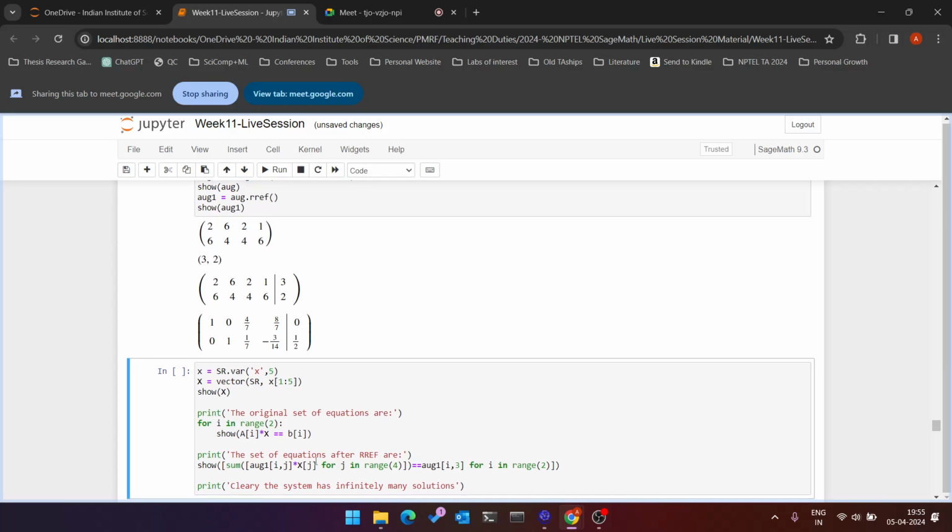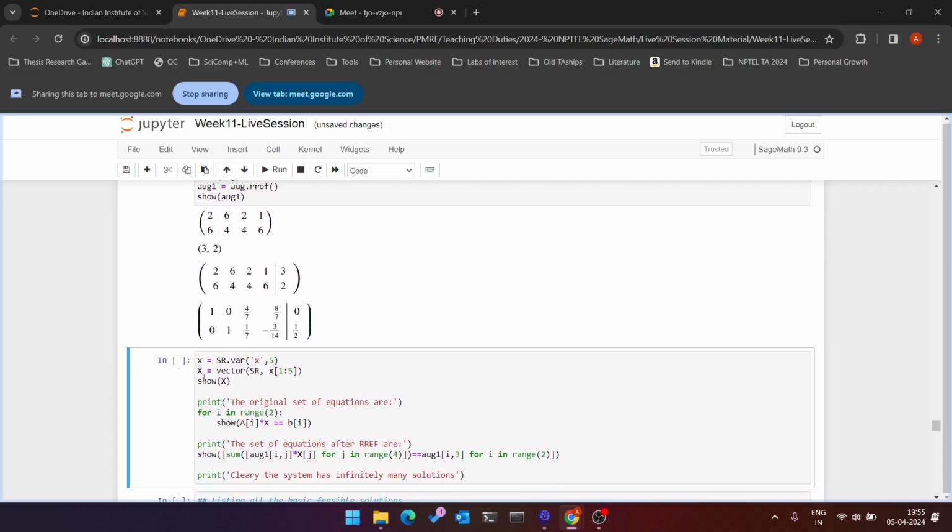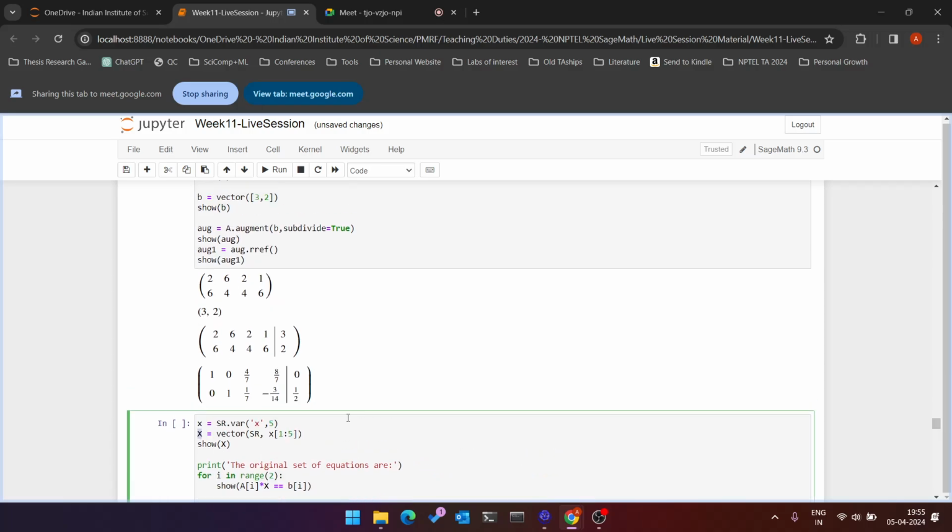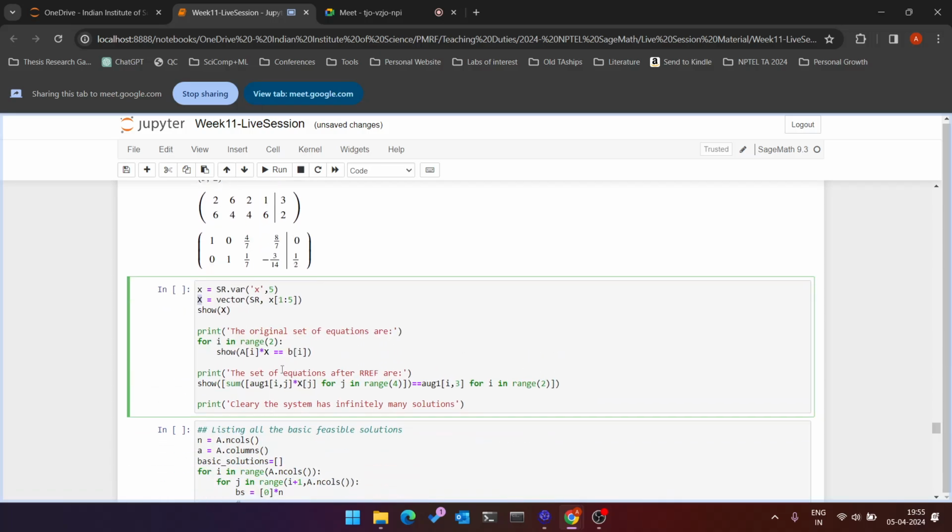Next, we obtain an array of symbolic variables x1, x2, x3, x4 in the capital X variable, and we'll be printing both our original equation Ax equal to B as well as my set of equations after row reduced echelon form.